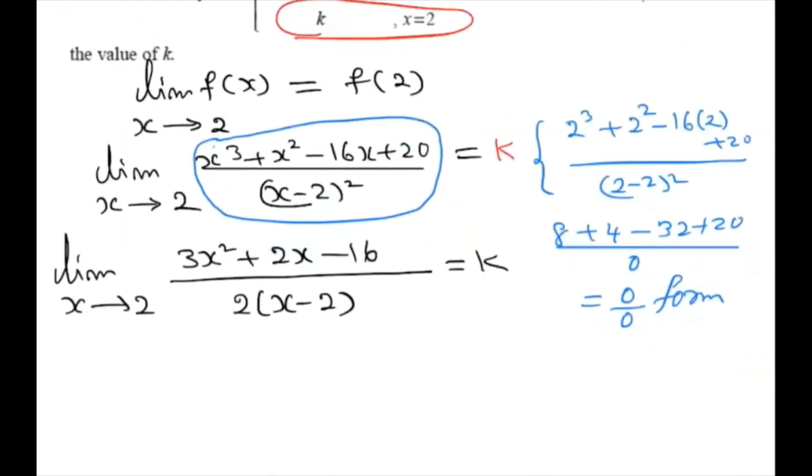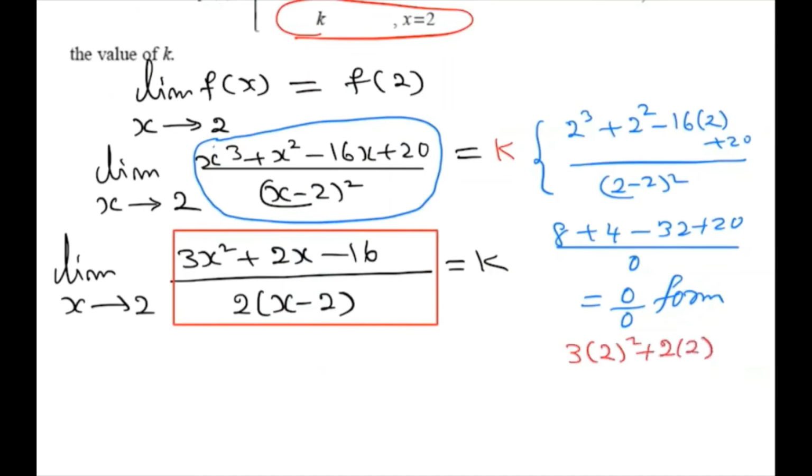Again, now you take the value of x in this function. Let us see what we get. 3 into 2 square plus 2 times 2 minus 16 upon 2 times 2 minus 2. In the numerator, 12 plus 4, 16 minus 16, 0. In the denominator, 0.